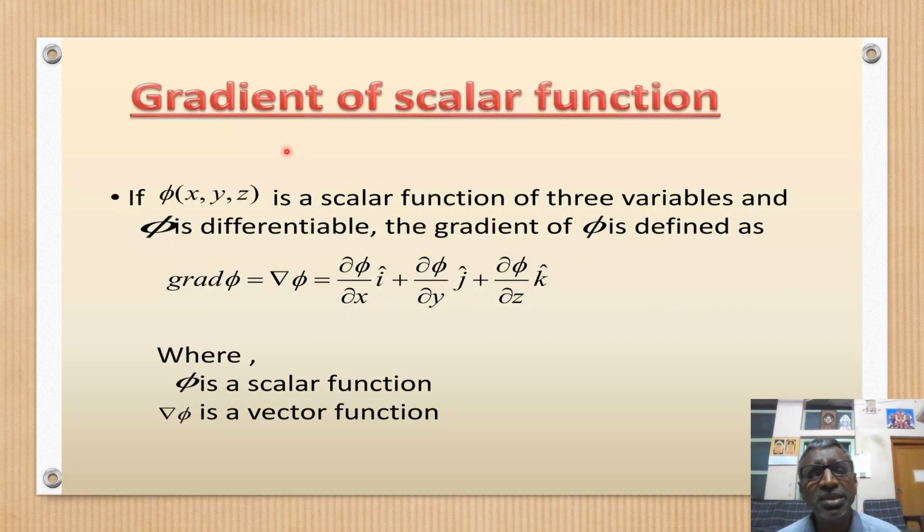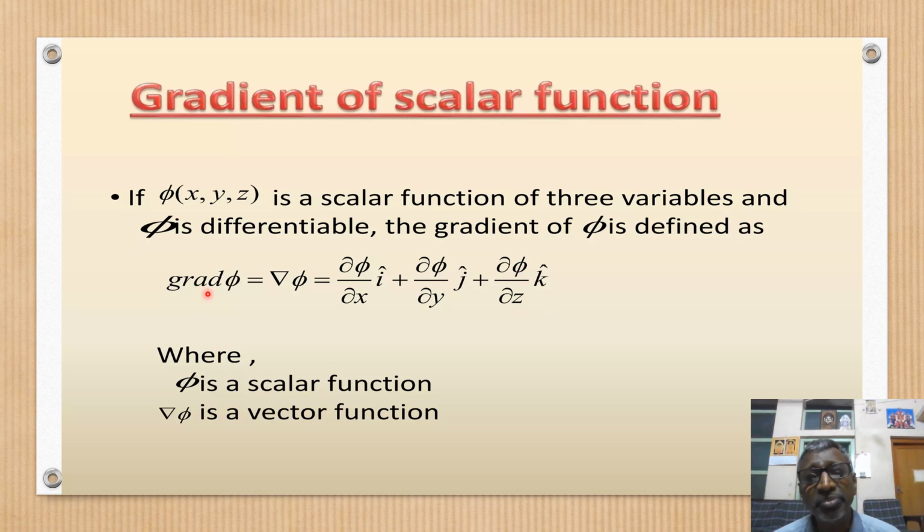Next, we discuss the gradient of a scalar point function. If phi of x, y, z is a scalar point function of three variables and phi is differentiable, then the gradient of phi is defined as grad phi, also denoted as del phi, which is equal to dou phi by dou x into i plus dou phi by dou y into j plus dou phi by dou z into k.